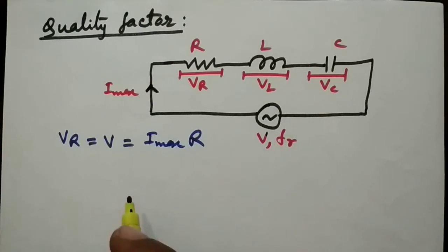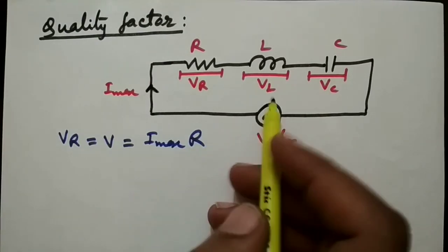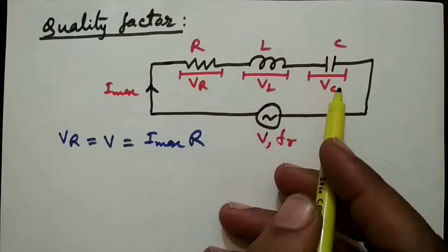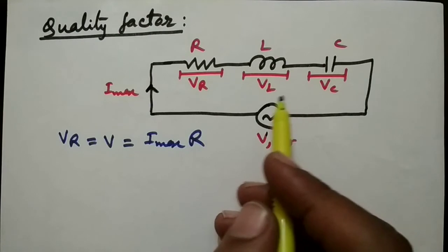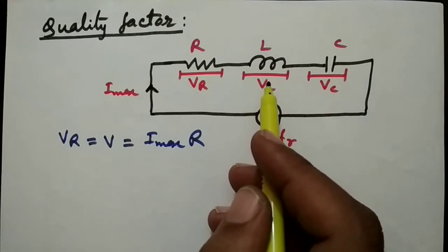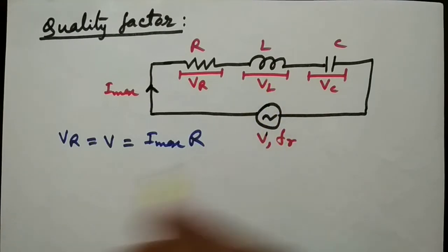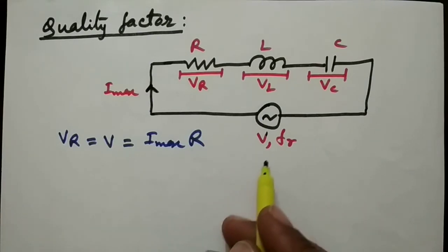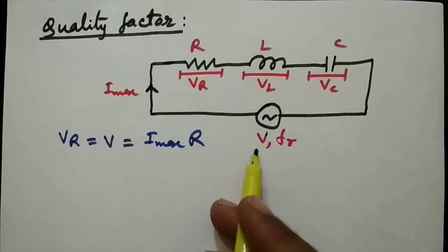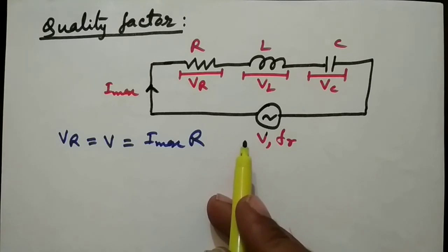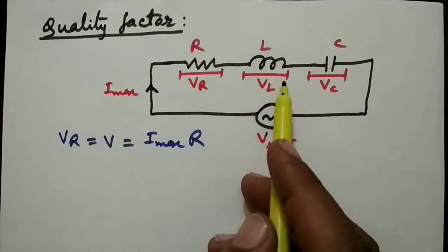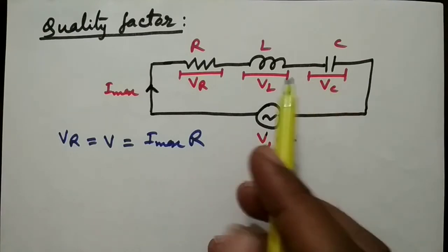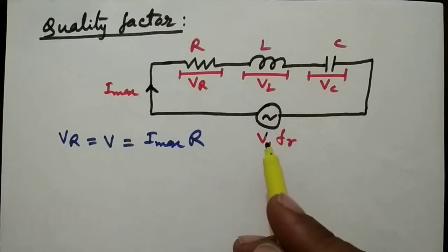But if we want to see the magnitude of the voltage drop across the inductor or the capacitor, we can see that the value is much greater than the supply voltage. So during resonance in a series RLC circuit, the voltage drop across the inductor or the capacitor may be greater than the supply voltage.